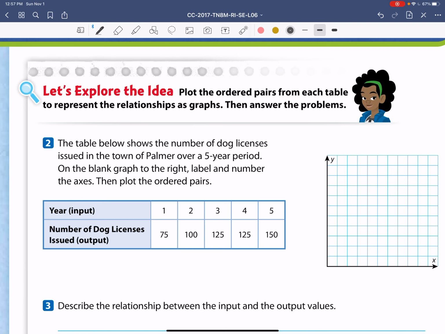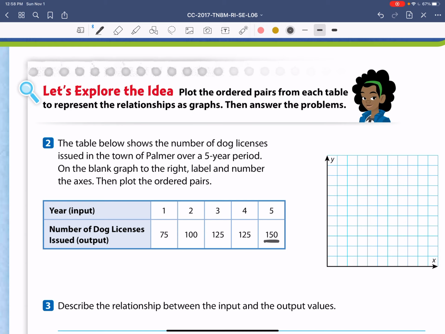The table below shows the number of dog licenses issued in the town of Palmer over a 5-year period. On the blank graph to the right, label and number the axes, then plot the ordered pairs. So we'll go ahead, since we know that our graph is going to go up to at least 150, we'll make sure we have at least that many on our y-axis.